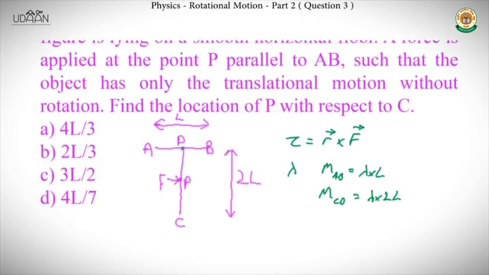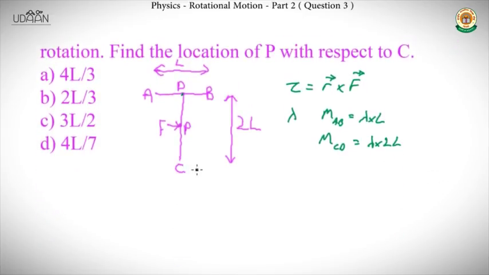Now the center of mass with respect to point C will be the mass of AB, which is lambda L, into the distance, which is 2L, plus the mass of part CD, which is lambda into 2L, into the distance of the center of mass of part CD from point C, which will be L, since the center of mass will obviously be at the center of the rod.